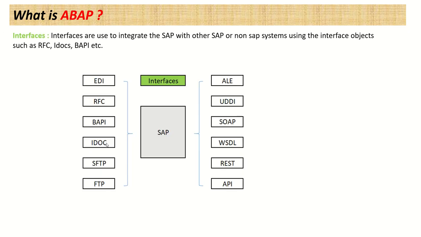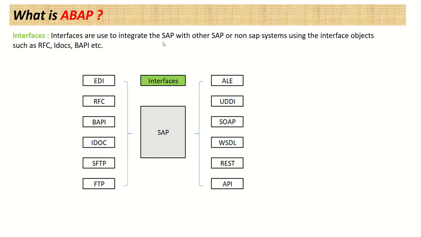The second object we call an interface. In SAP ABAP terminology, we have to develop interfaces. We call them RFC, remote function call, IDocs, BAPI, etc. Basically, interfaces are used for integration.